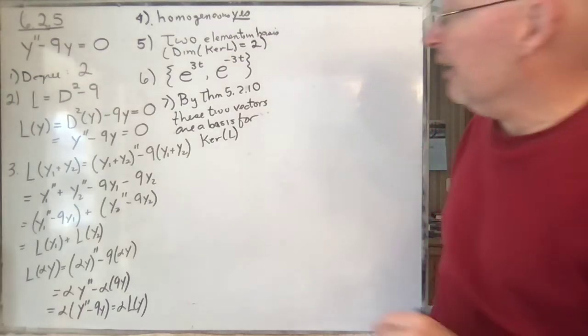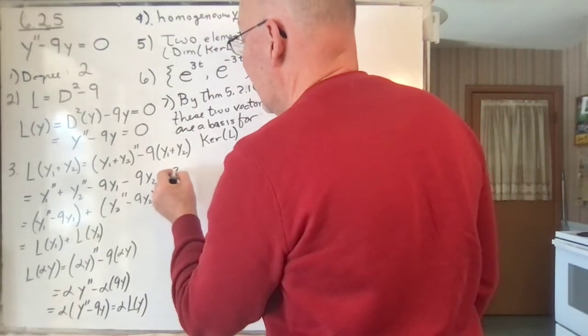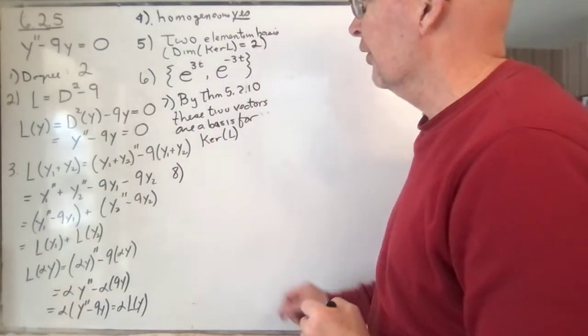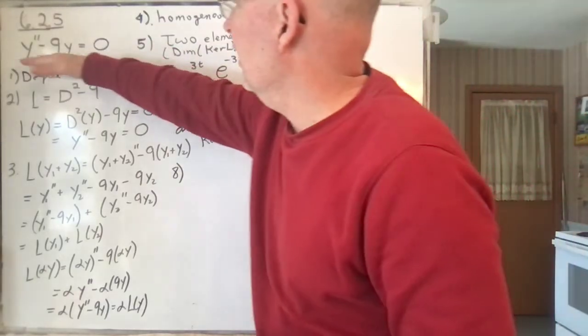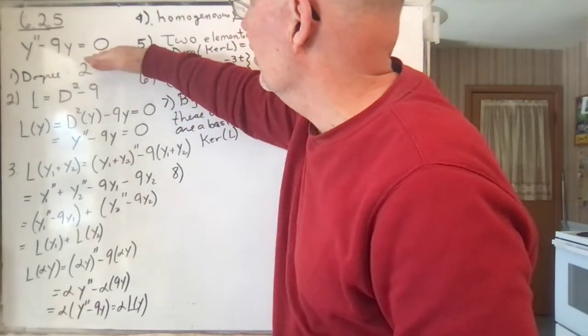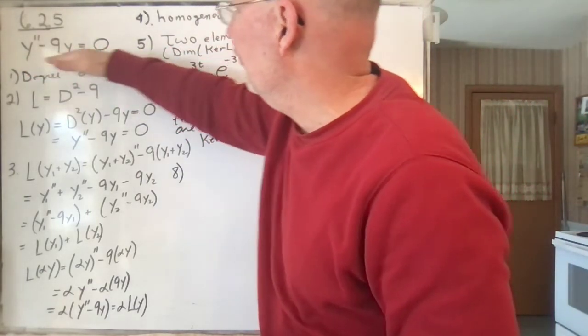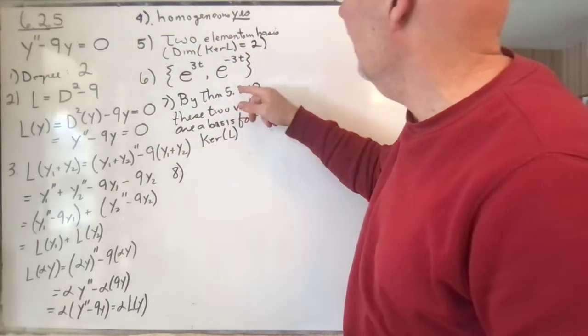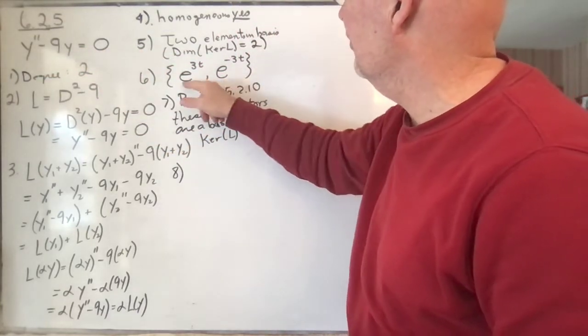Since they are a basis, they span all of the kernel. In other words, every solution of this form can be written as a linear combination of these two things.